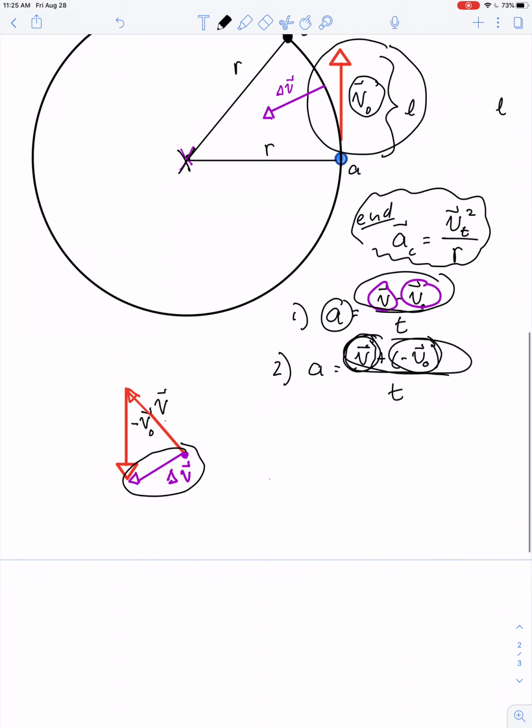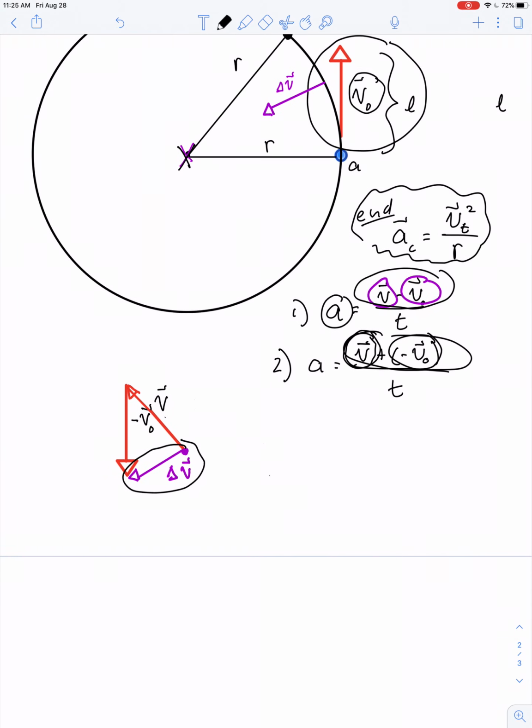So that still doesn't really give us a mathematical result, what we can place in this numerator. So I want you to picture some similar triangles.